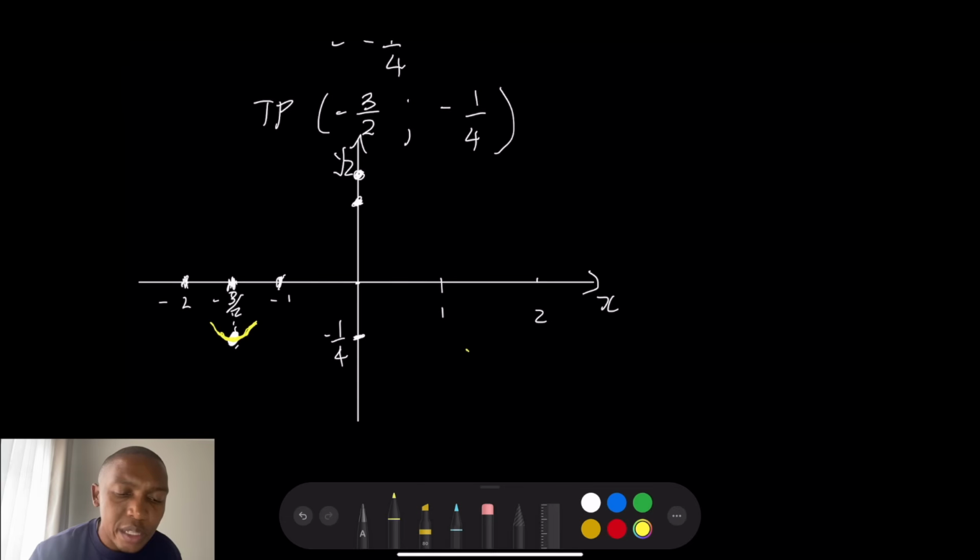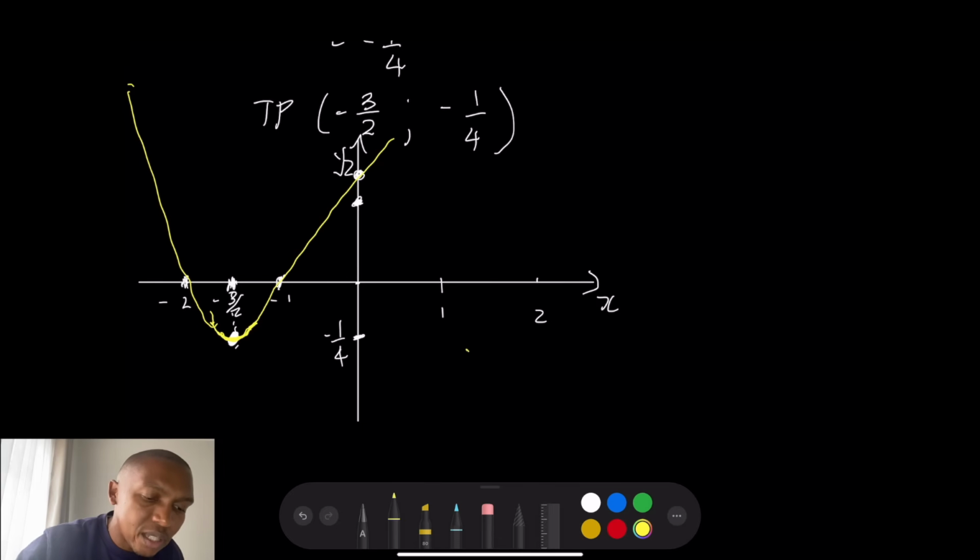So I'm going to connect there, and also on the other side. Hope you don't mind the ugliness of my graph. So this is what our parabola would more or less look like. I should have drawn it more to the right so that we could see it clearly.